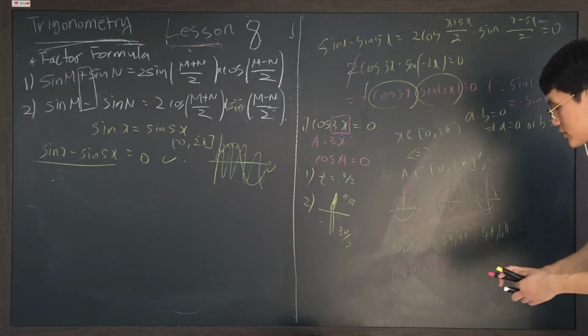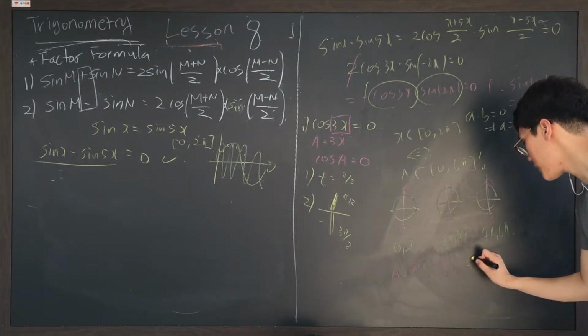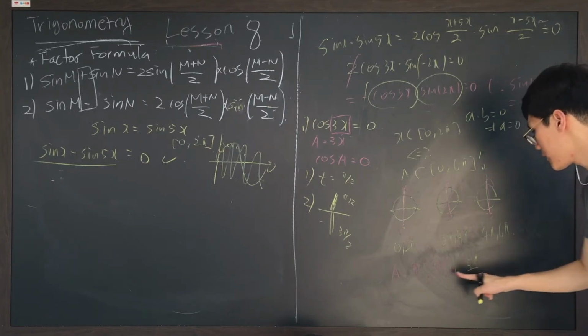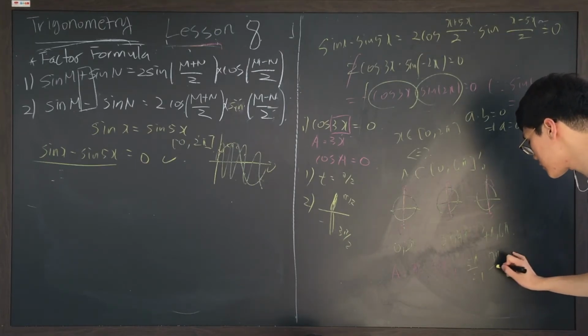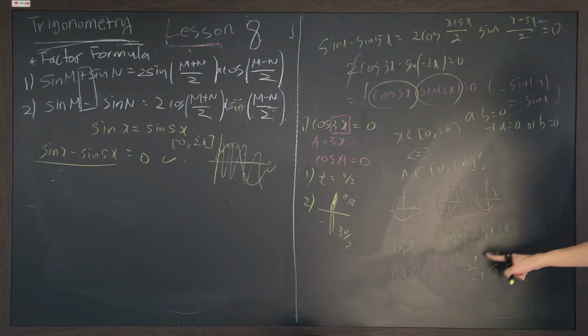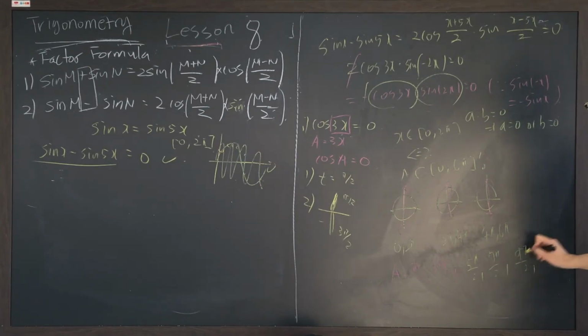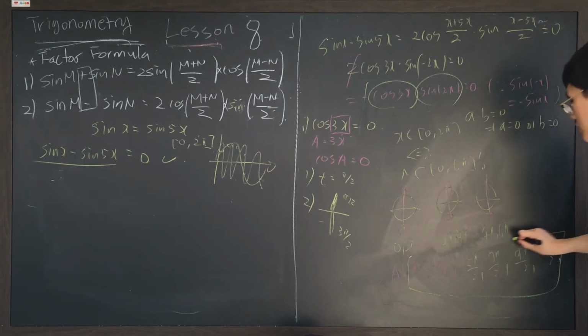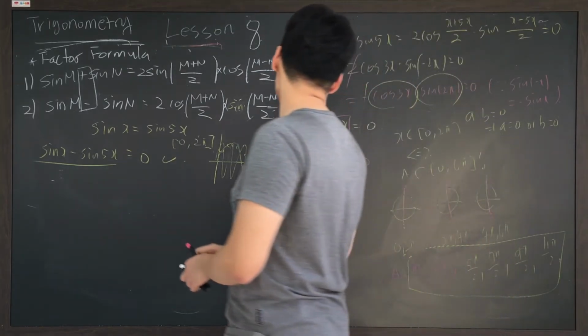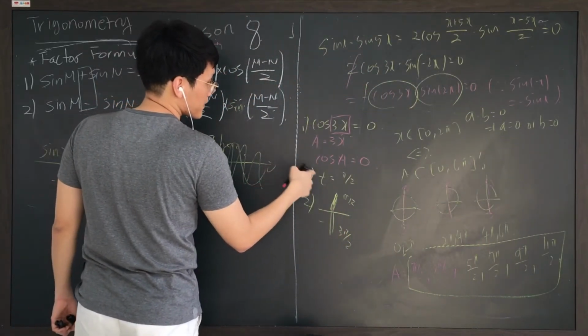If I add 2 pi, it's going to be 5 pi over 2, and then 7 pi over 2 for the second circle. If I add 2 pi again, it's going to be 9 pi over 2, and then 11 pi over 2. So essentially, we can find the 6 different solutions for A.